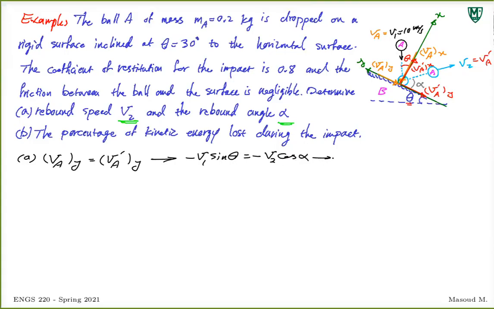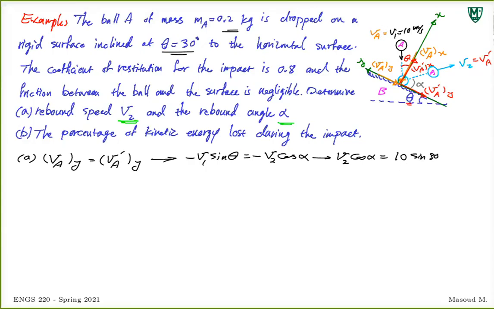From there, you get one equation: V2 cosine alpha is equal to V1, which is 10, times sine 30 degrees. Theta is given, and VA is on the figure.